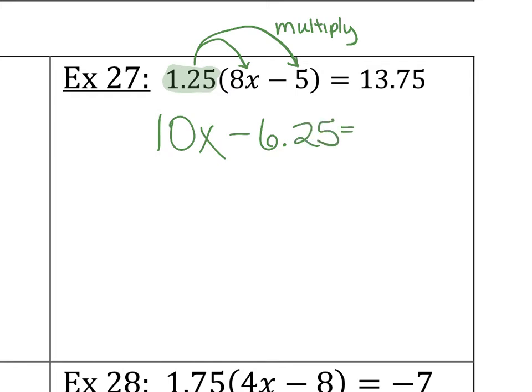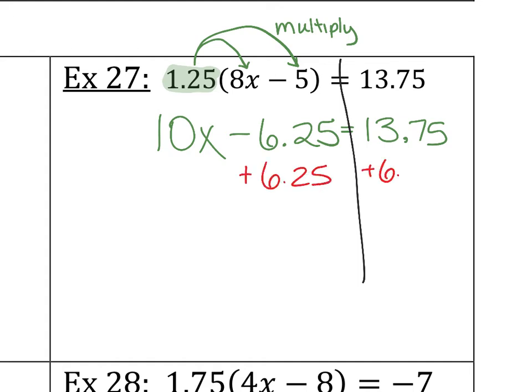Don't let calculations be the thing that messes you up in algebra class. Okay? What should I do next now? Now that I've done this distribution, doesn't this problem look like examples 25 and 26? Yeah. What's my next step here to continue to solve? Add 6.25 to both sides.